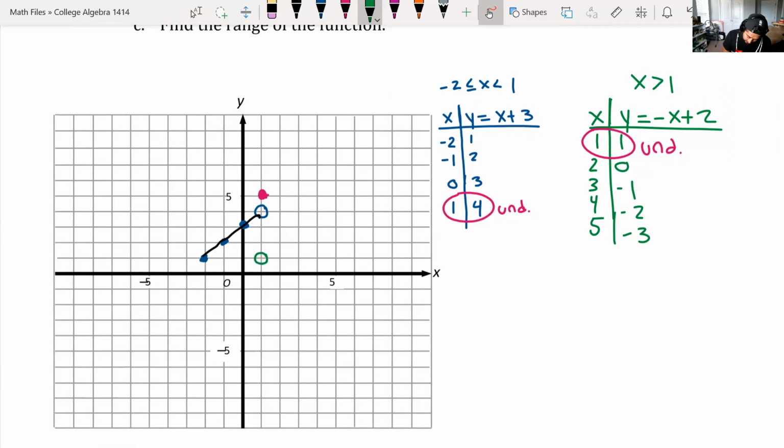And then 2, 0, 3, negative 1, 4, negative 2, 5, negative 3. And this function will head down that way. Okay. Excellent.